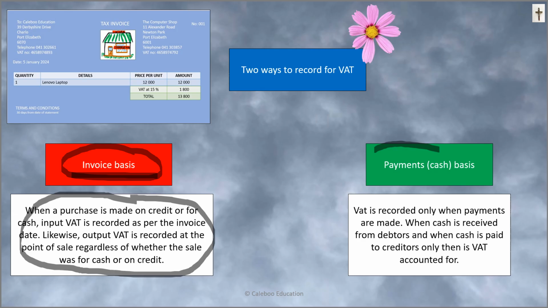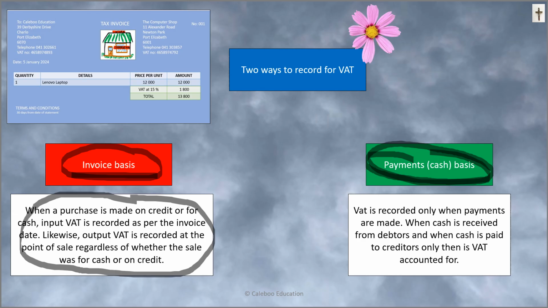But with the payments, the cash basis, VAT is only recorded when payments take place. So if we paid a supplier cash, VAT would be recorded. If we sold an item on credit in the payments method, VAT would only be recorded when the cash is received.